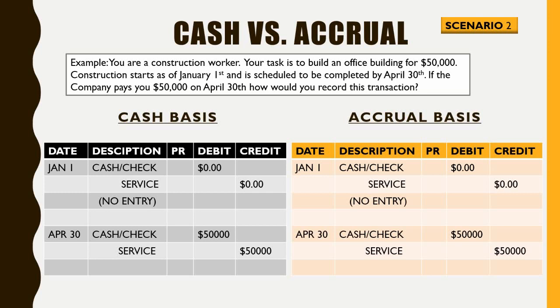So the idea here is that if you're under cash basis, the minute you receive the cash, you record it. The minute that cash leaves your hand, you record it. Whereas the accrual basis doesn't rely on that. It relies on accomplishing the task at hand. Was a sale complete? If you earned that revenue, then you record it regardless of whether you received cash or not.